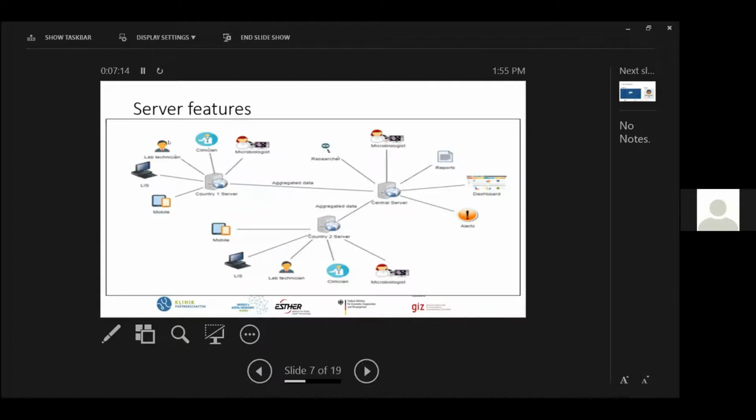And then there is a lab interface where the laboratory data is entered, and the clinical interface where a clinician accesses the result and also adds clinical data, and then the microbiologist for aggregate analysis of the data. And then we also have anonymized data for the researchers, for the microbiologists, and reports to the national and the global level for decision making.